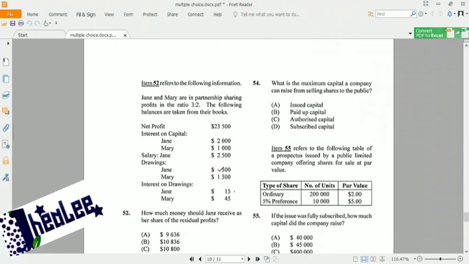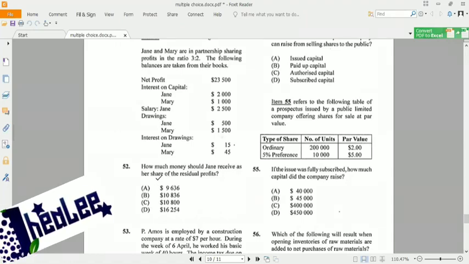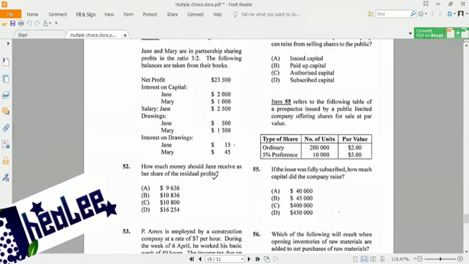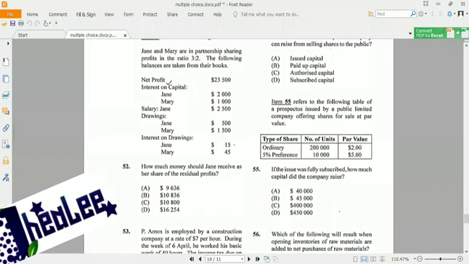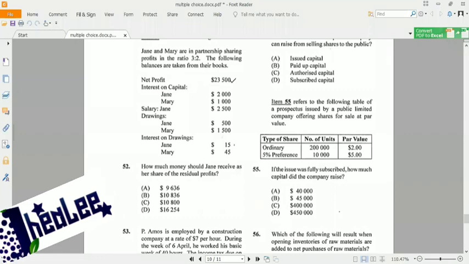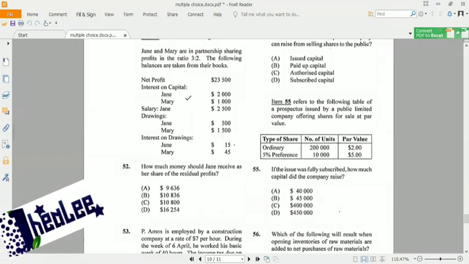the item refers to the information right here. And from how you look at it, you know it's a partnership. They're asking how much money should Jane receive as her share of residual profit. The profit sharing ratio is 3:2. And net profit is $23,500. Interest on capital is presented for each partner.